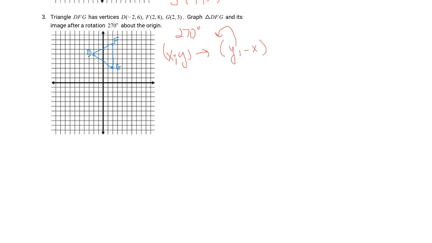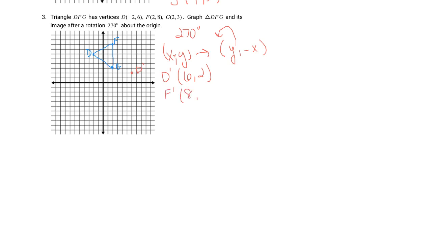So D was negative 2, 6. So D prime is 6, and the opposite of negative 2 is positive 2. So D prime is 6, 2. F prime started as 2, 8.